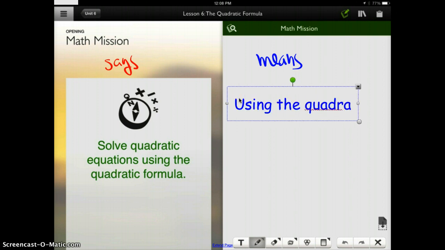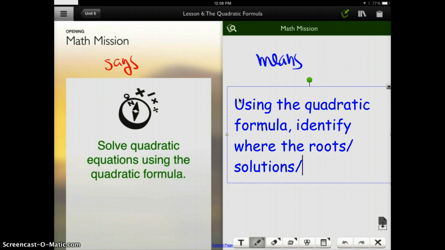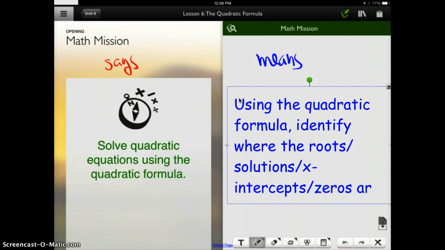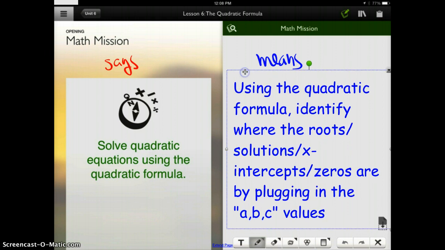Using the quadratic formula, identify where the roots, solutions, x-intercepts, and zeros are by plugging in the A, B, and C values, and simplify.